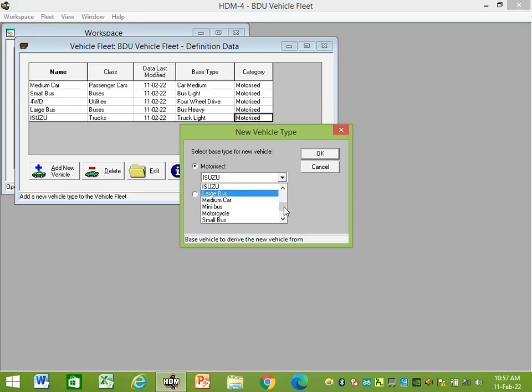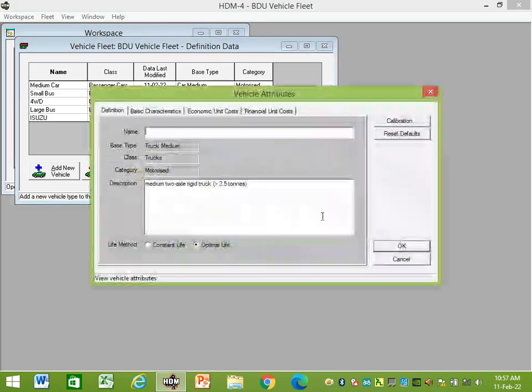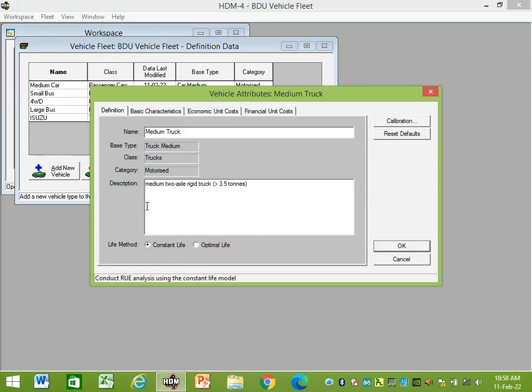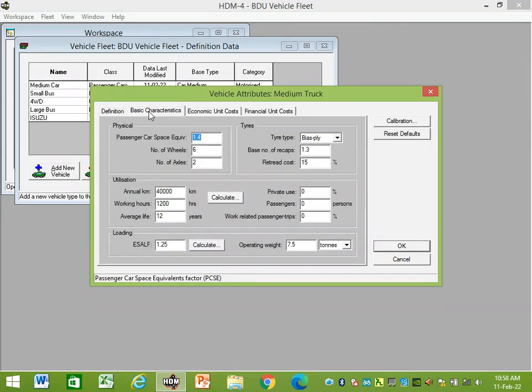Medium truck, constant life. Basic characteristics: 40,000, 1,000 is okay.